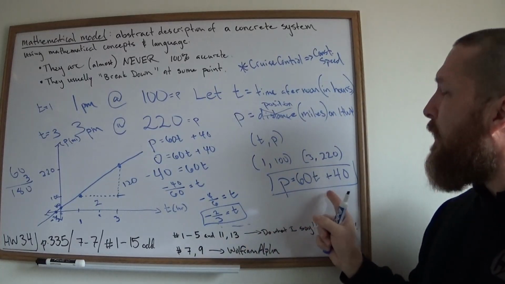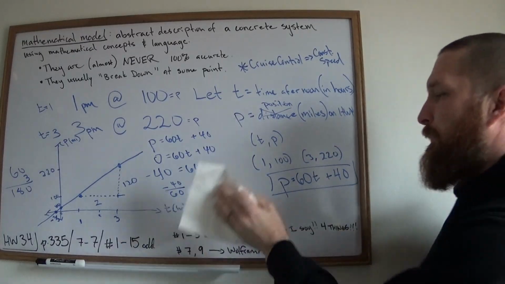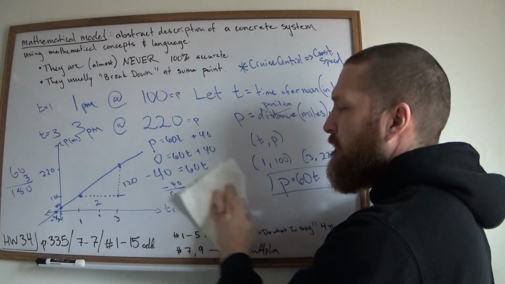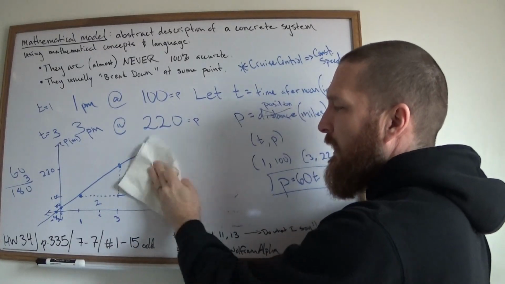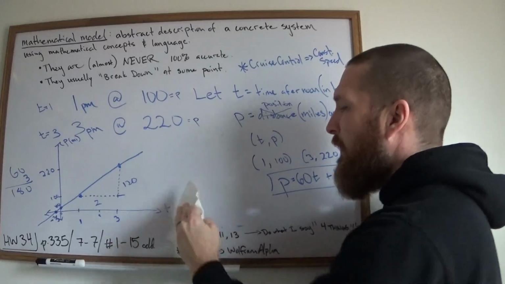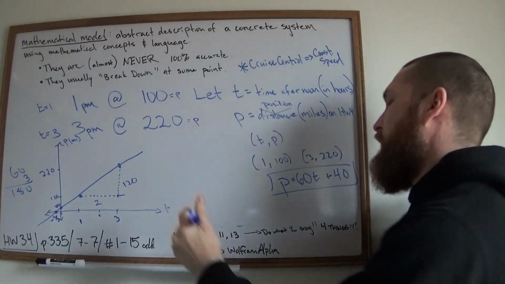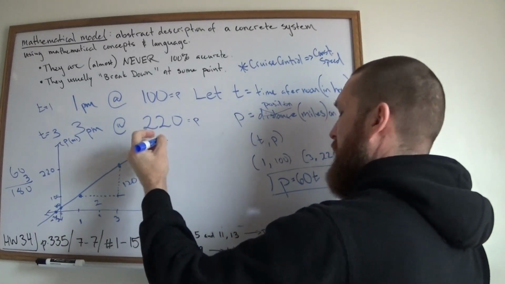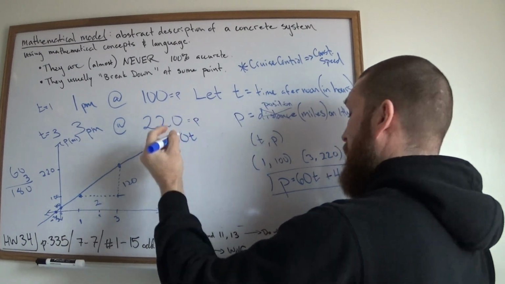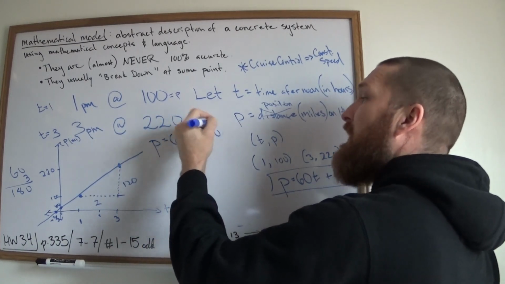But anyway, now here's our model. Now, let's talk about this. So all of that to get a model. And what use is a model? Well, with this model, we can answer really any question that we want to know. One of the nice things about it is it tells us the speed.